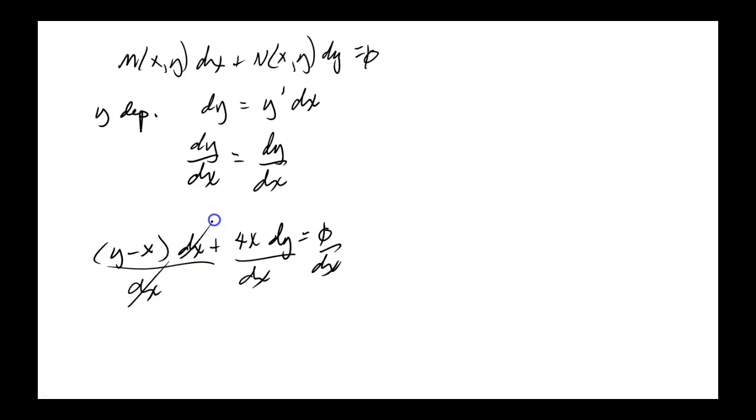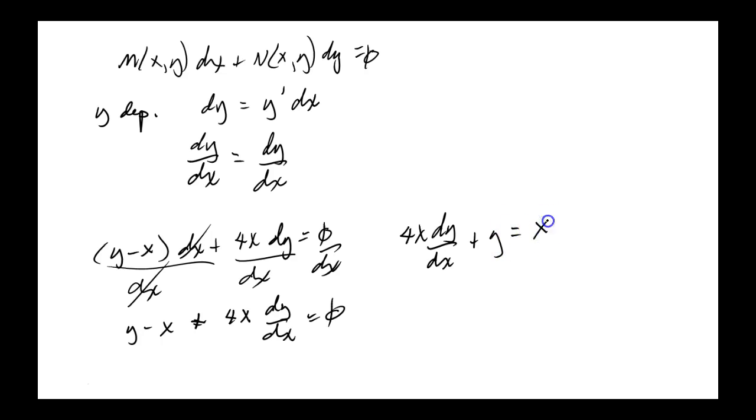Well, here the dx's go out, and you get y minus x plus 4x dy/dx is equal to 0, because 0 divided by dx is still 0. Or, you could write it this way: 4x dy/dx plus y is equal to x.